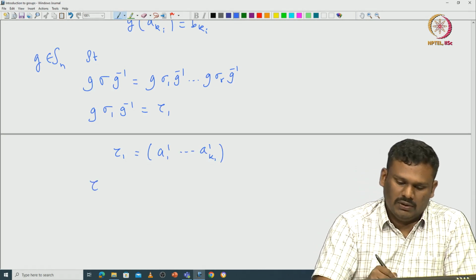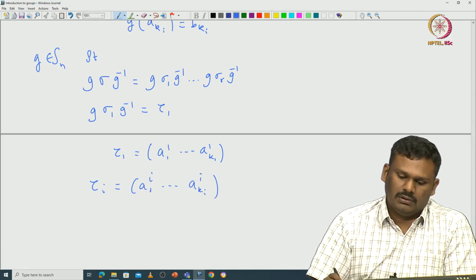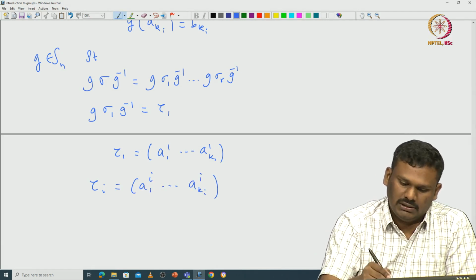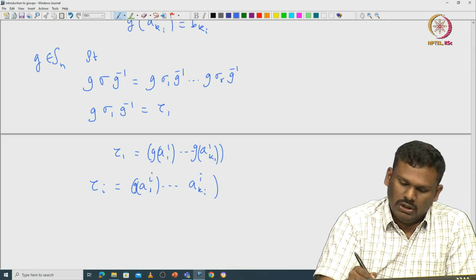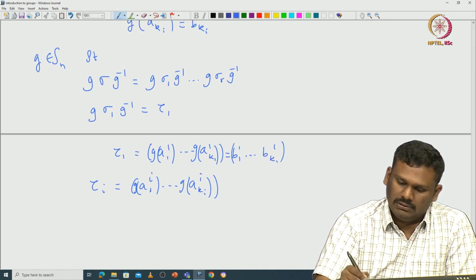Note that your tau i is the cycle a1i etc. aki. Or sorry, the image of that, which is g of this, which is nothing but b11 etc. bk11.